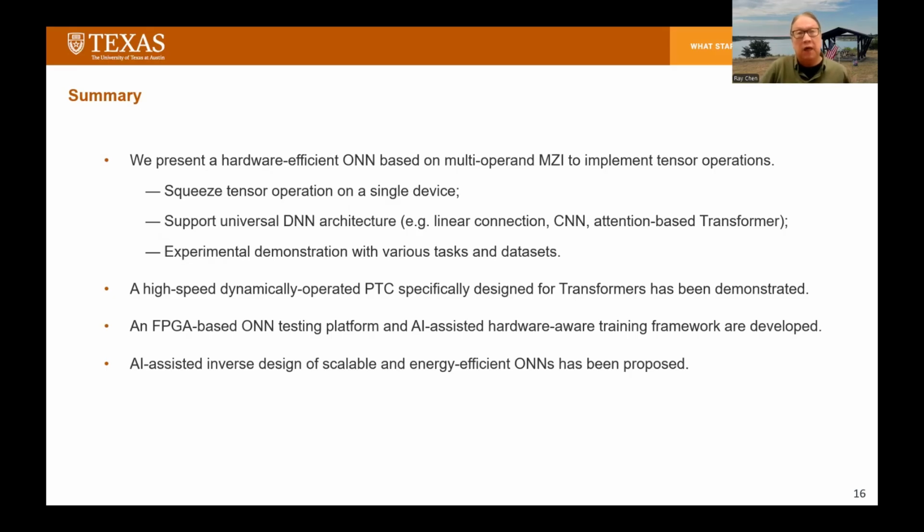We have a lot of upcoming tasks to work on in the coming years. AI-assisted inverse design for scalable and energy-efficient optical neural networks is proposed, and we will try to develop it with the permission of our program manager.